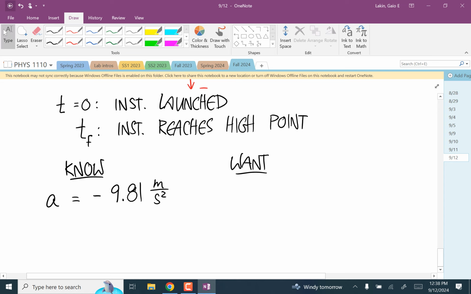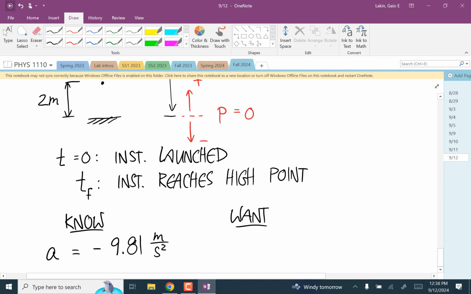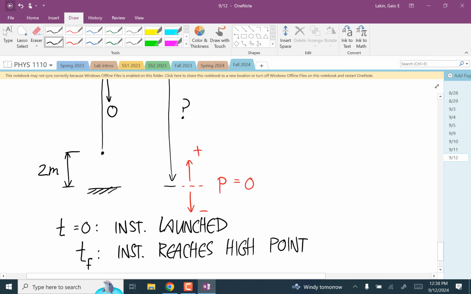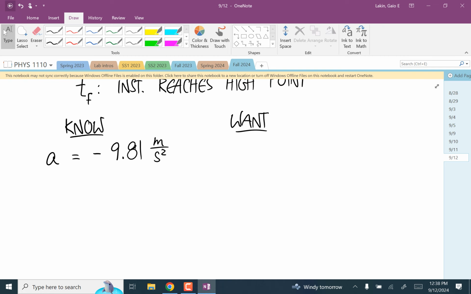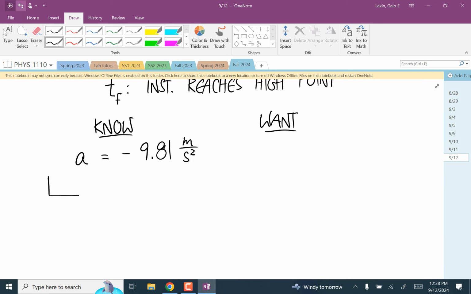Do we know the position at time 0? We do. I have my 0 at the ground, and it's 2 meters in the positive direction from that 0. So this initial position is positive 2 meters. Do we know the final position? No, that's what we're trying to find.